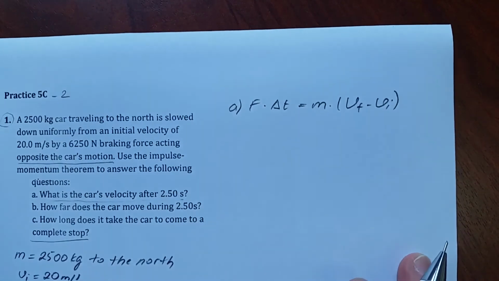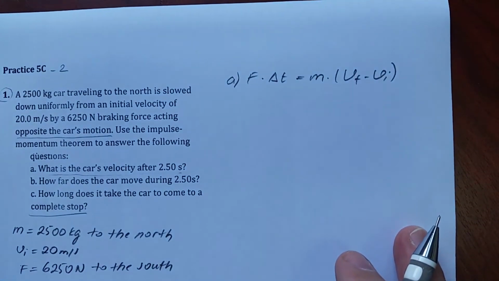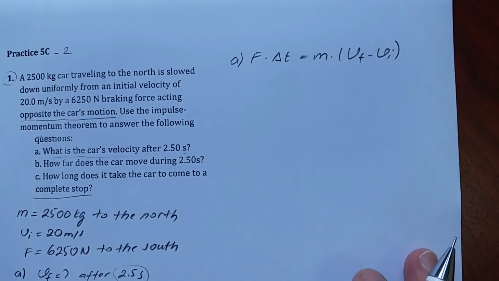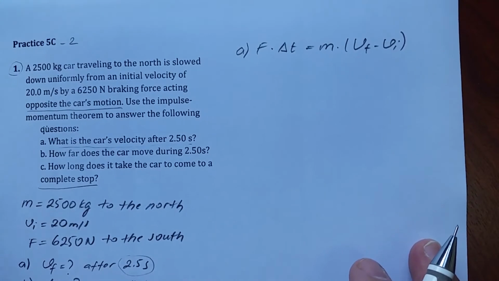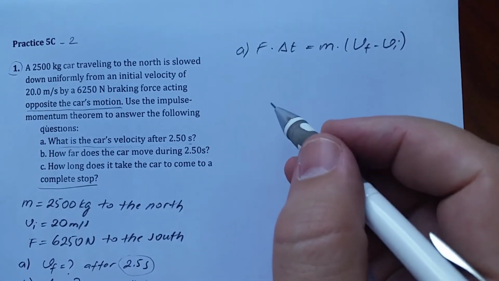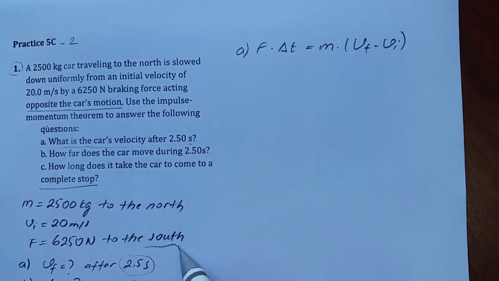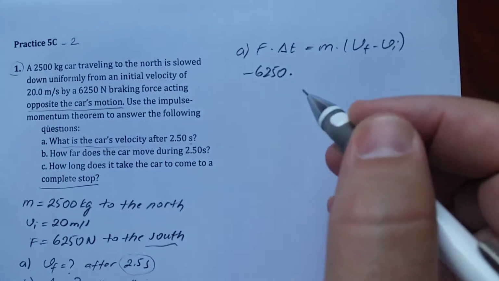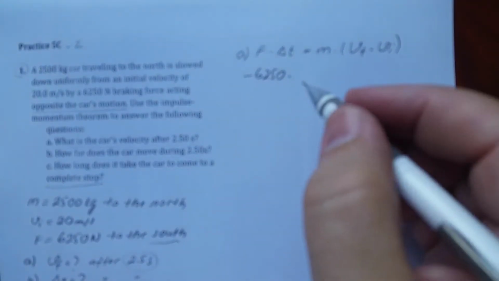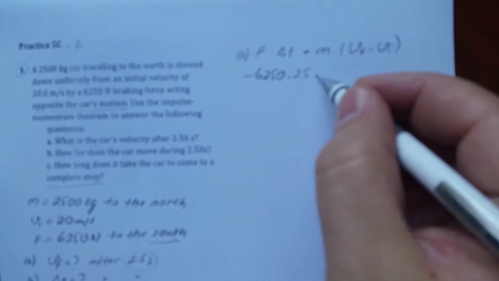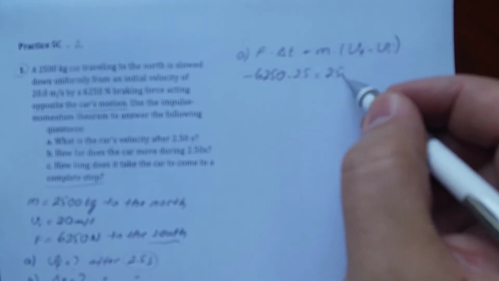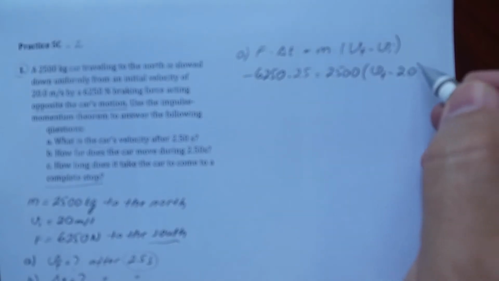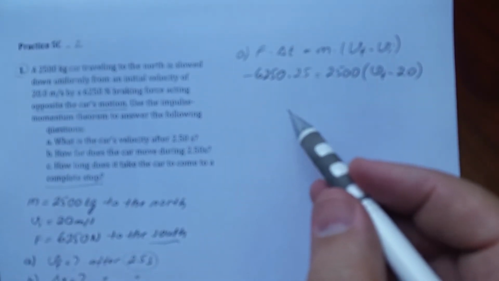If you remember, the given initial is 20 and in section A the final velocity is wanted. Let's write them. Force is applied to the south, so I will take it minus 6,250. Multiply delta t, given as 2.5 seconds. Mass of car 2,500. Multiply the final wanted minus the initial, 20.